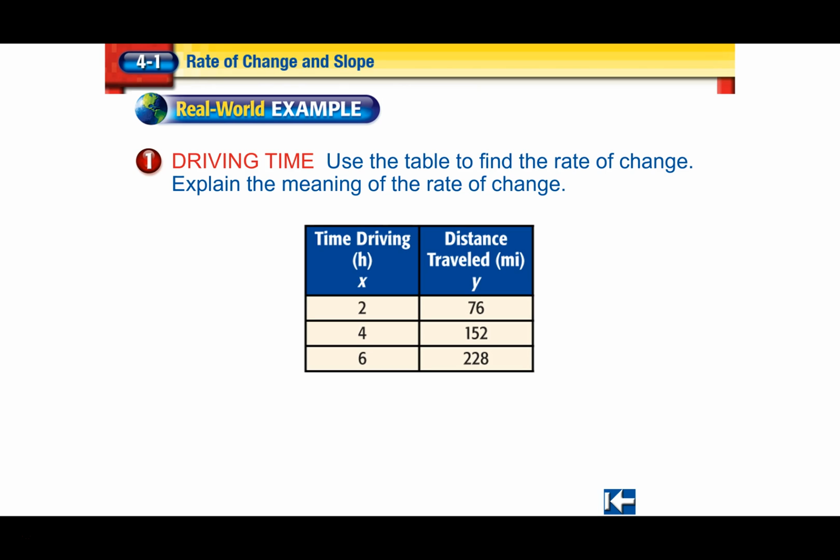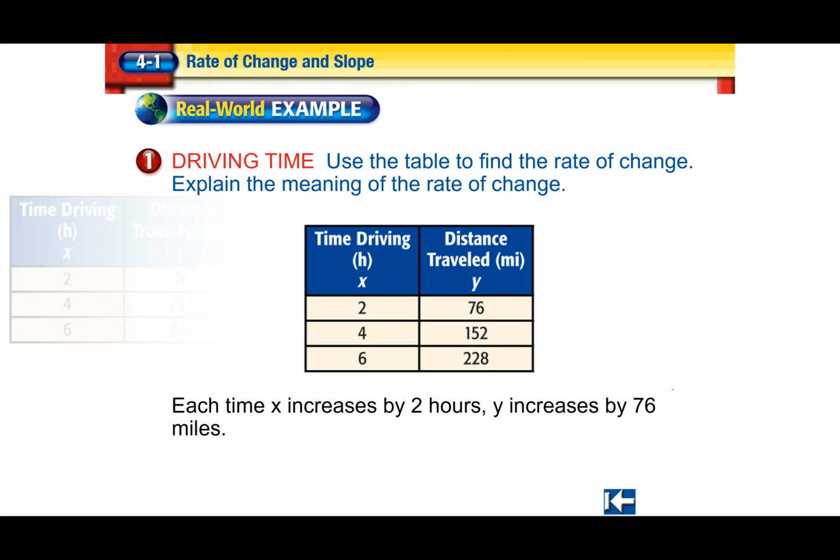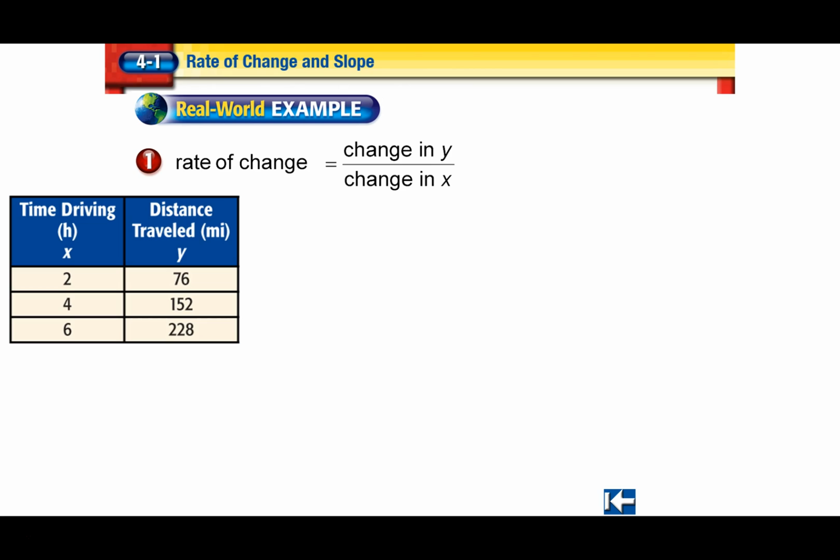Driving time. Use this table to find the rate of change, and explain the meaning of the rate of change. Each time x goes 2 and then 76, 4, 152, it looks like that's consistent. So every 2 hours, it increases by 76 miles. To find that rate of change, I need change in y over change in x, so the change in distance over change in time.